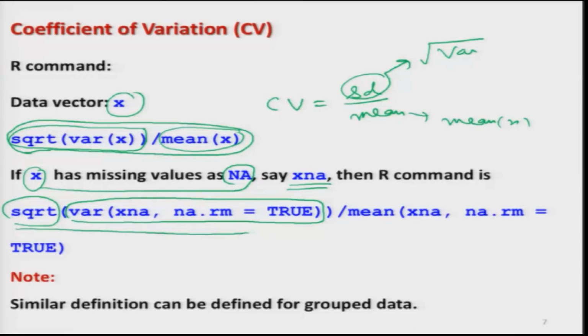So, this function gives the standard deviation in the presence of missing data, and similarly the mean function on the data vector xna with the argument na.rm is equal to TRUE gives the value of the mean when the data is missing, and by using this command we can always find the value of the coefficient of variation.